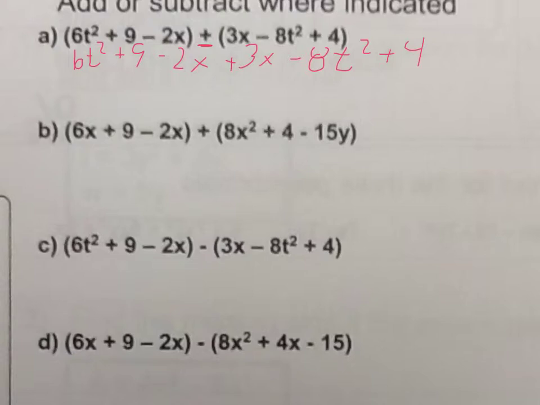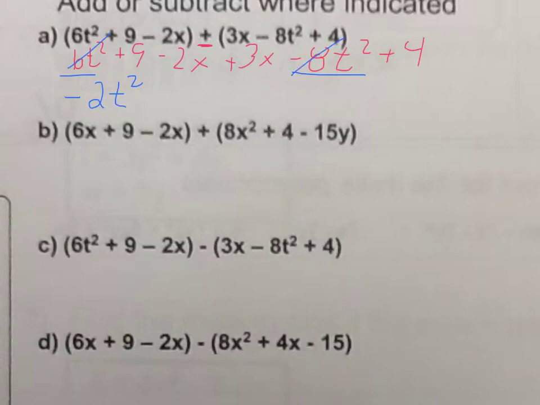Now I'm going to combine all my t's. I'm going to highlight that. I'm going to do the t squares first, so I get 6 take away 8 t squared, and I'm left with negative 2t squared. So those guys are gone.